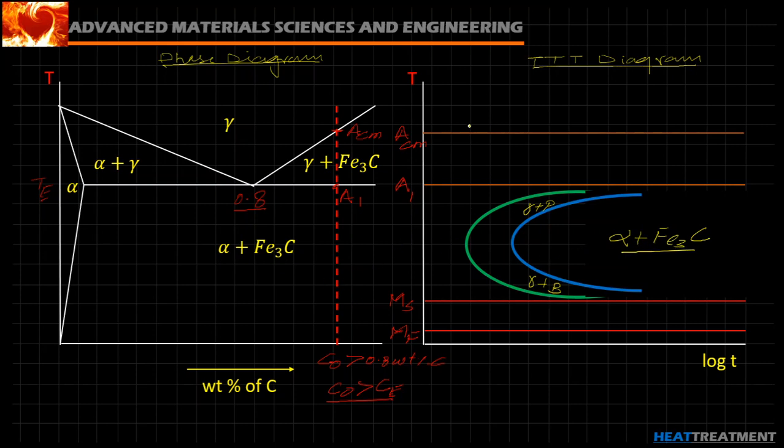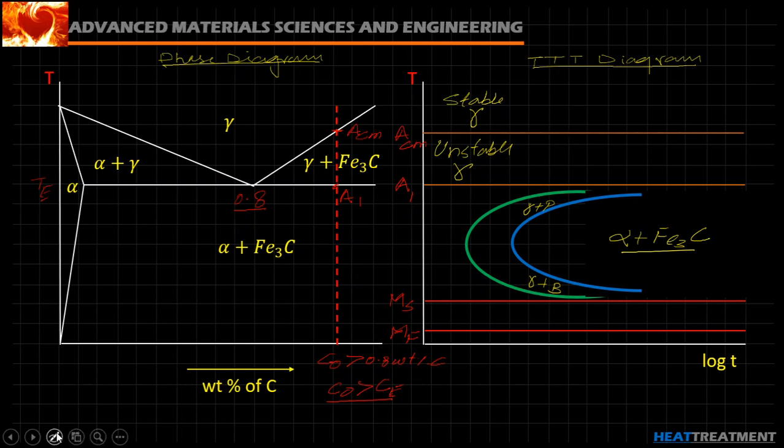So again we will have the stable phase of gamma above this ACM temperature, and below this we have unstable gamma phase.